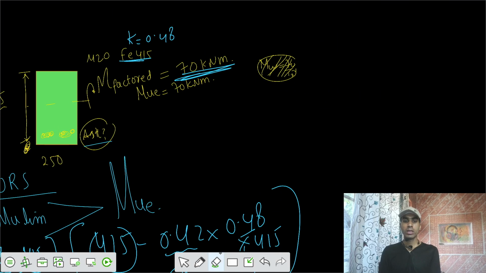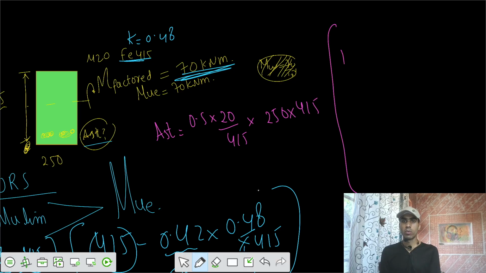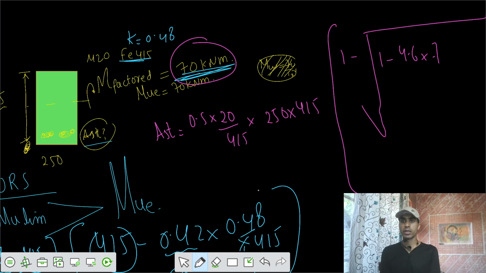So the actual AST equals 0.5 FCK by Fy into BD into the bracket 1 minus the square root of 1 minus 4.6, and the value of M we have to substitute here, 70 into 10 power 6, divided by FCK BD square.